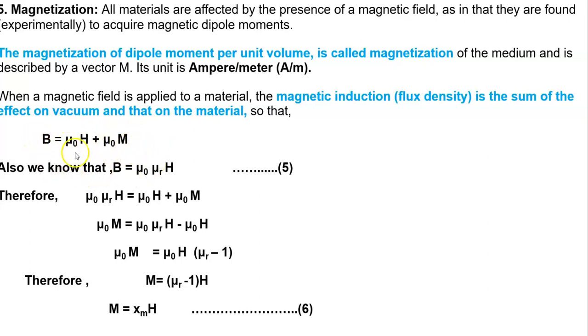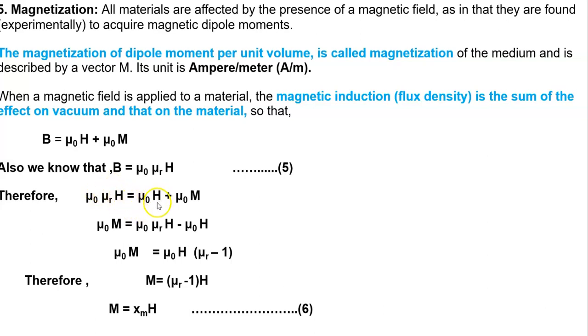And you know that B is equal to mu 0 mu R H, because whenever we use a material, we have to use relative permeability. The mu 0 H is for free space, but the flux density in any material will be mu 0 mu R H. So put this B, mu 0 mu R H, here, and you get the equation mu 0 mu R H equals mu 0 H plus mu 0 M. Now you can see the H terms.